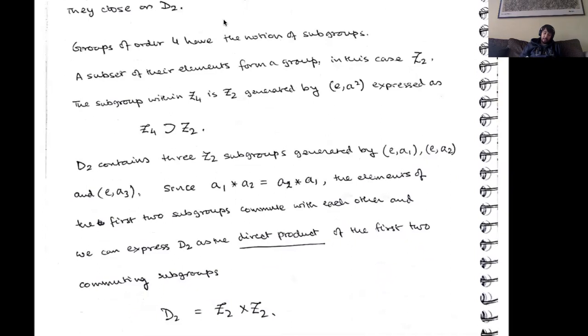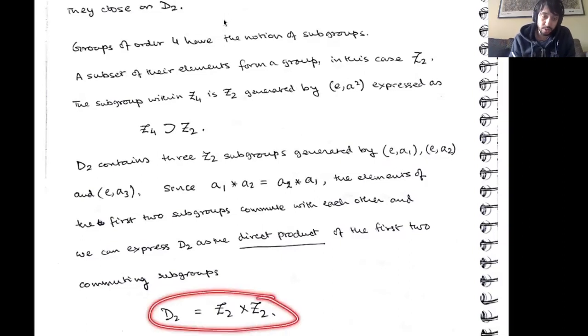Since you have A1 star A2 equal to A2 star A1, the elements of the first two subgroups commute with each other, and we can express D2 as a direct product of these two commuting subgroups. So D2 can be expressed as Z2 cross Z2.